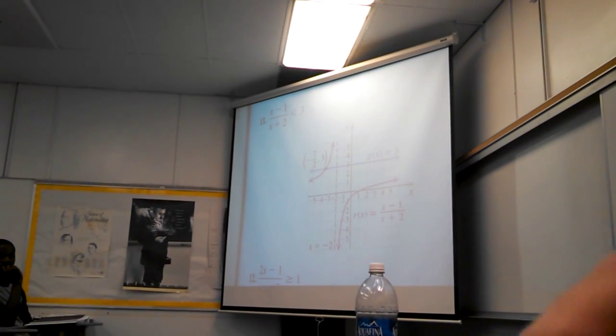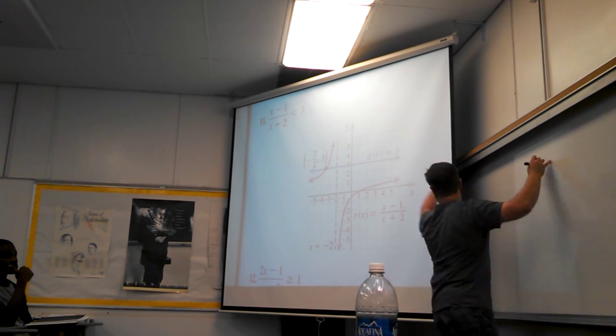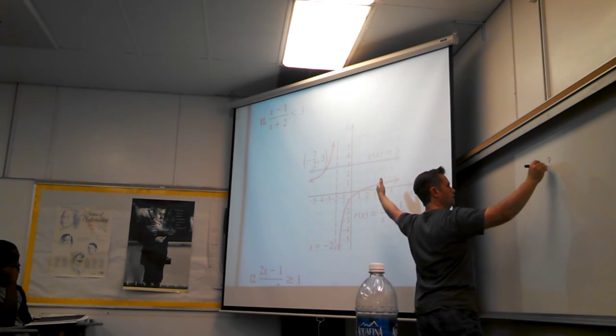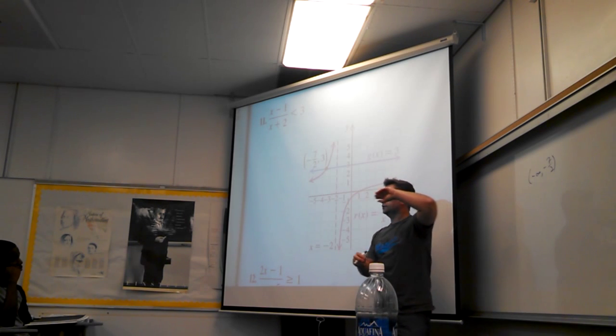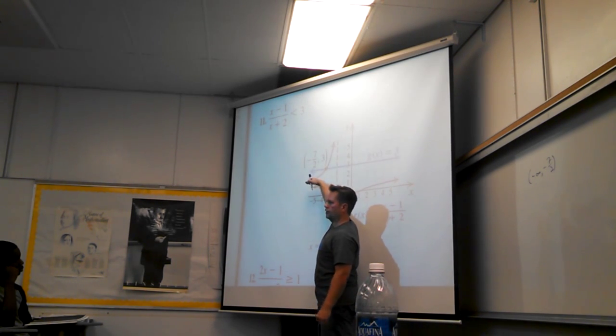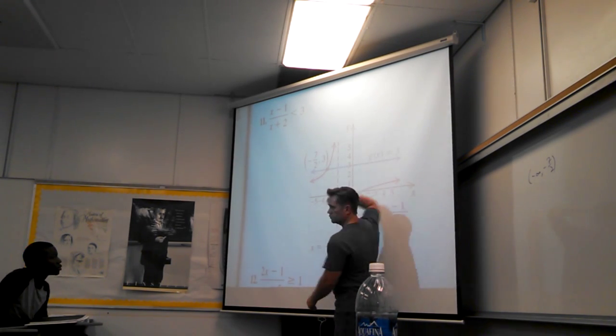So now I can't see this. Too bad. So it's going to be from negative infinity up to negative 7/2. Why is that part of the answer? Because that's where it's less than 3. And it's also less than 3 starting at negative 2 to infinity.